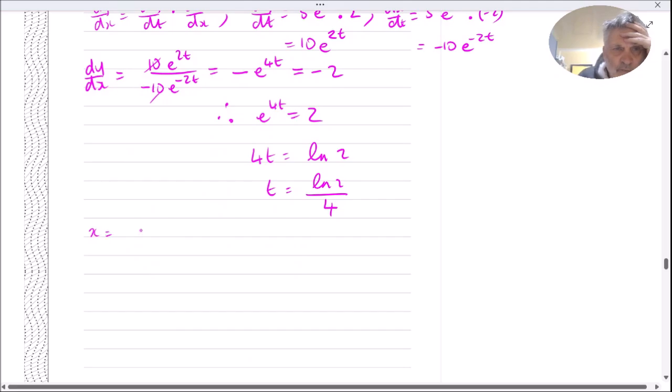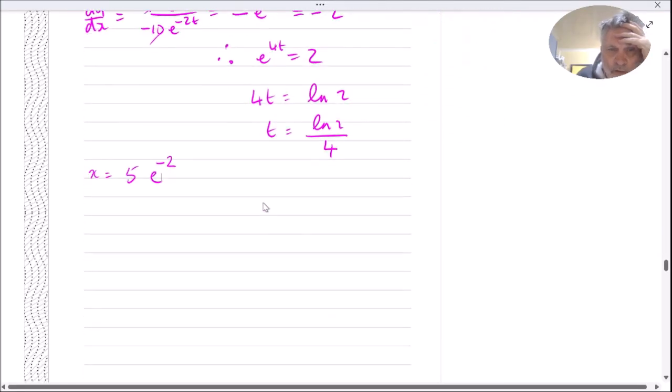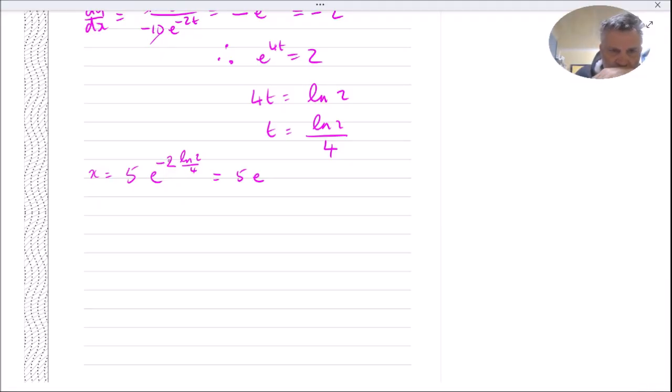So x is equal to 5e to the minus 2 times the logarithm 2 over 4. That's 5e to the, this is a half, isn't it?